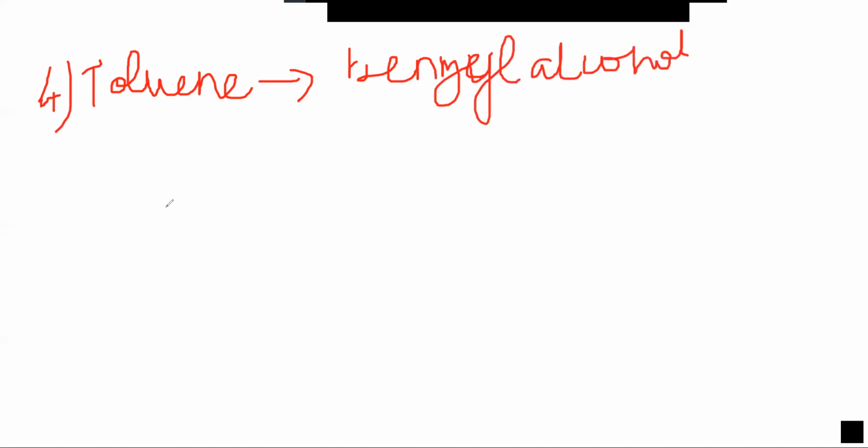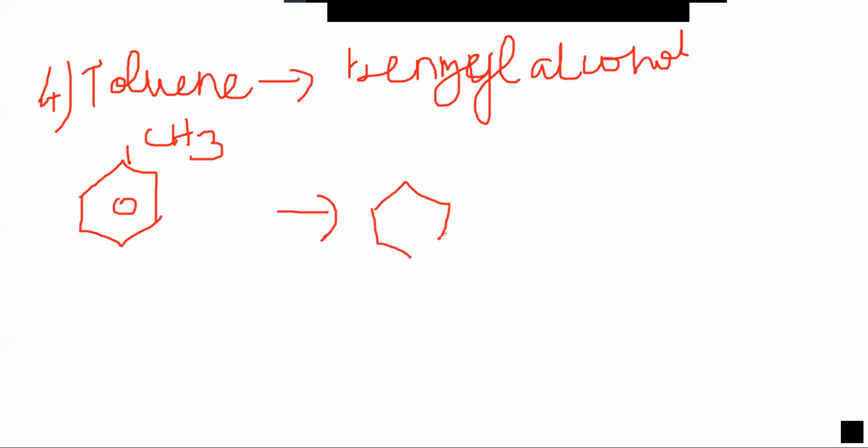Toluene structure is benzene connected to a CH3 group. That is the formula for toluene. Benzyl alcohol is benzene connected to a carbon outside, and that carbon in turn is connected to OH. When you balance the carbon with hydrogen, you have to put 2 hydrogens. This is the structure of benzyl alcohol.